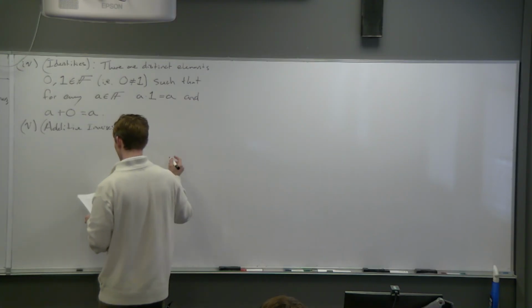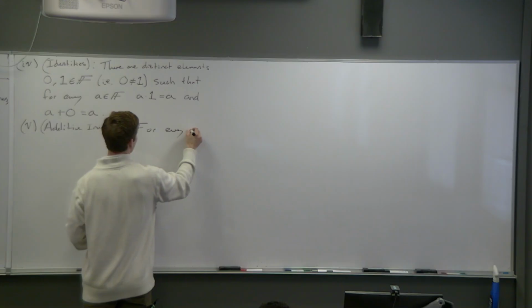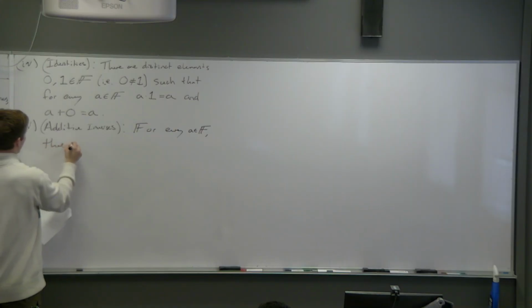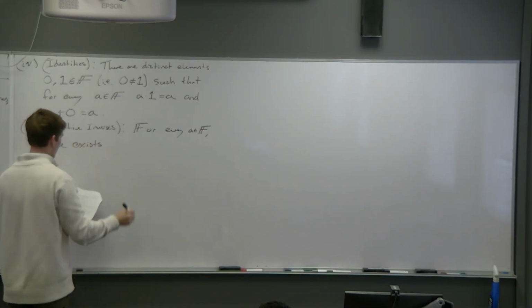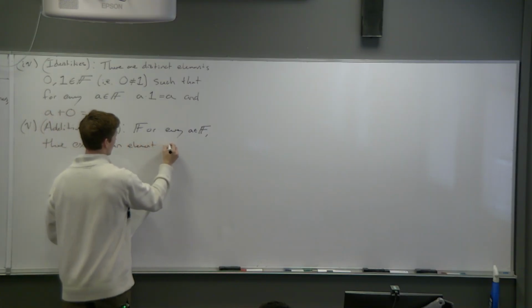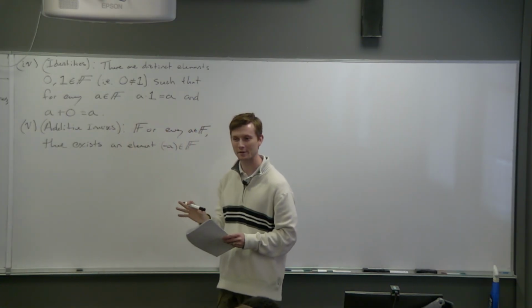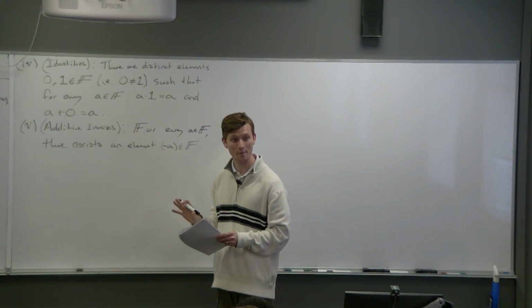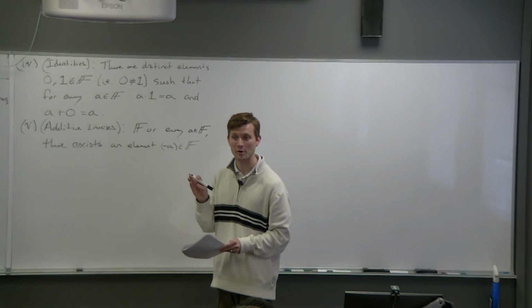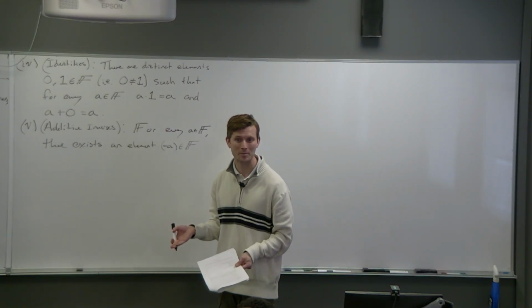So, additive inverses. For every A in F, there exists an element. I will write it as minus A, noting here that this is just the symbol representing it. I have not yet shown that minus A is minus 1 times A, nor have we even described what minus 1 means yet.